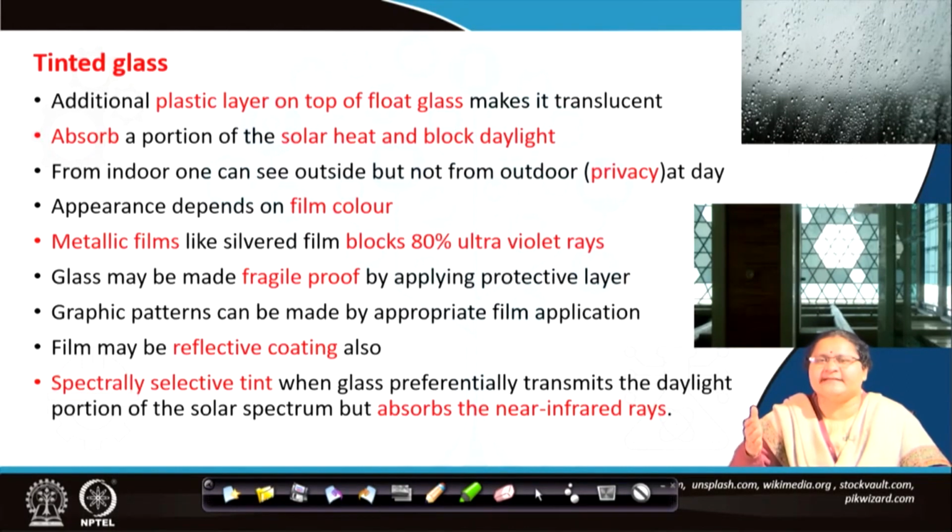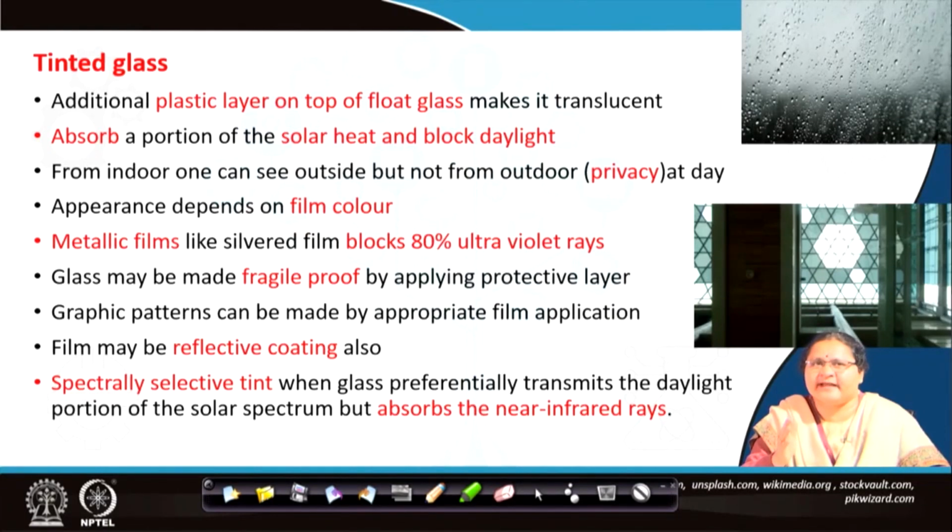So, if it happens that a lot of radiation is being allowed, and a lot of heat is being generated, you can put a tint on the glass surface and actually improve the performance of the building. So, this kind of film which will reflect out the solar radiation would be suggested if the glass is creating any kind of inefficiency.